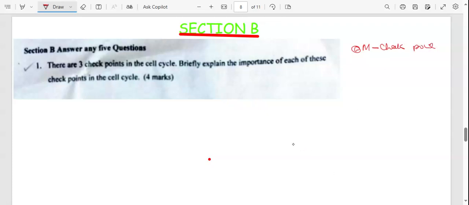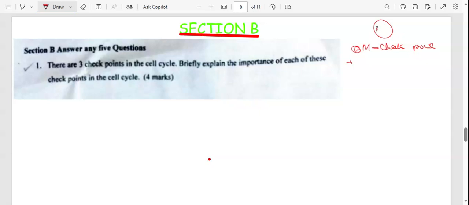So the cell will be checked for the following. Sometimes it is also called the mitotic checkpoint. It can also be called the spindle checkpoint.